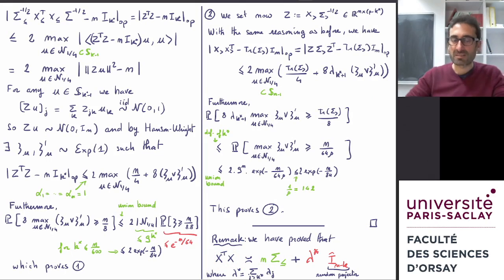This is what you get when you have a low dimension regression, times something which behaves like some lambda star, which is the sum of the remaining eigenvalues, times some random projector of dimension n minus k star.